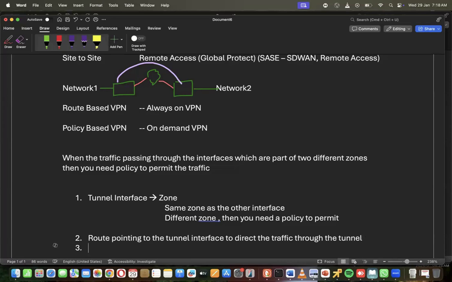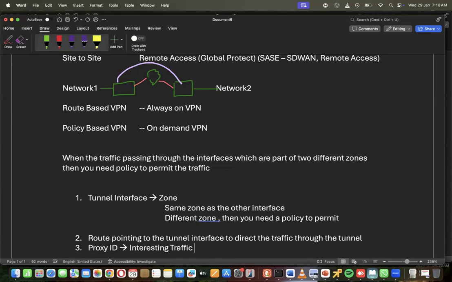And then you need to identify something called proxy ID. Of course, I have mentioned all these things in my video also, so whatever is important here for the demonstration, I'm just explaining it. Proxy ID, we also call it interesting traffic.